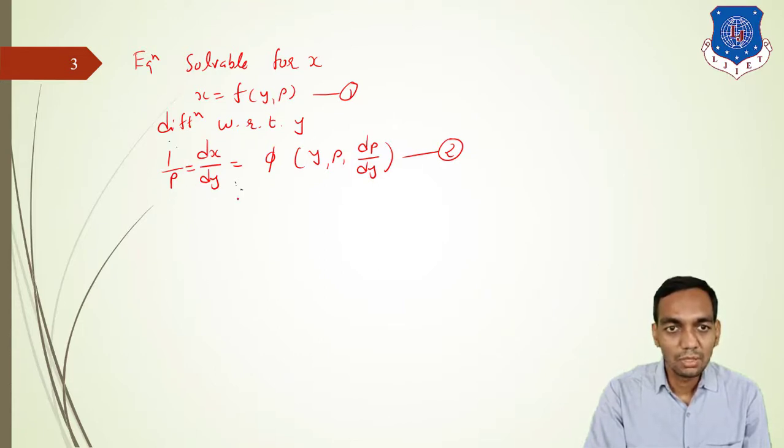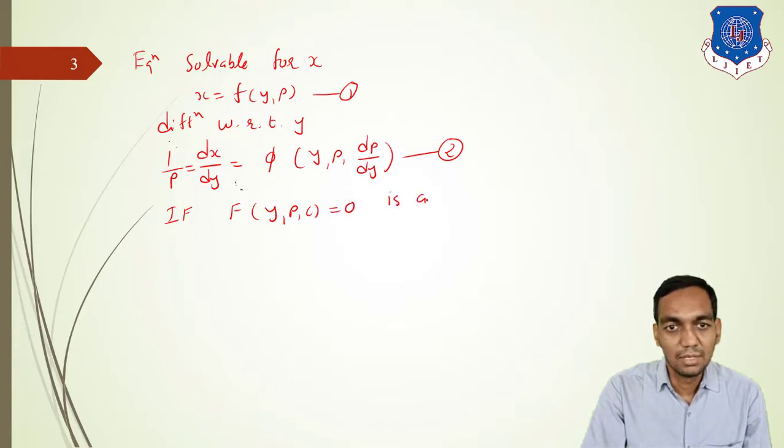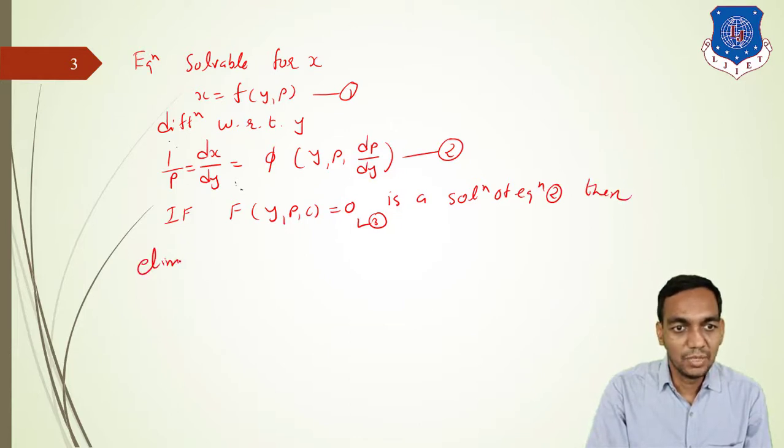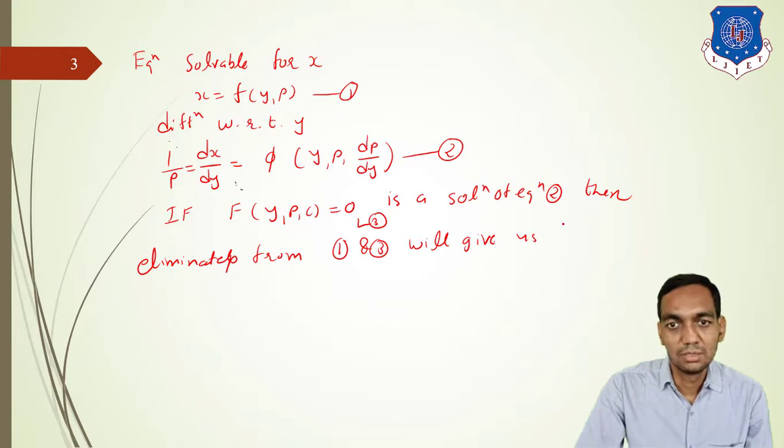So if some capital F of y, p, c is equal to 0 is the solution of equation 2, then eliminate p from 1 and 3, which will give us the general solution.